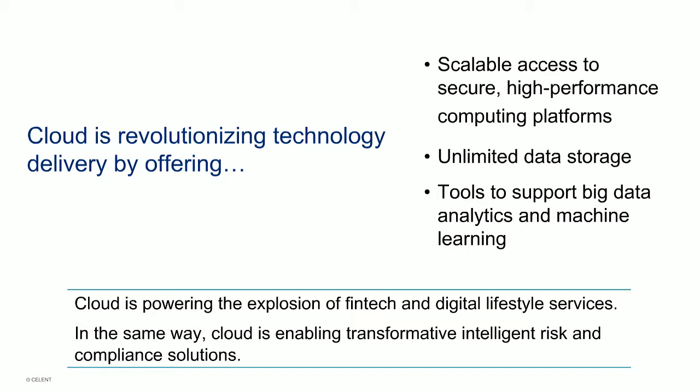Cloud basically, advanced commercial cloud, provides access to high-performance computing, almost unlimited data storage, and very crucially, tools to support advanced approaches such as AI, big data analytics, machine learning. Cloud is definitely behind the fintech and digital lifestyle services revolution, and in the same way, it's also enabling a new generation, next generation of compliance technology.